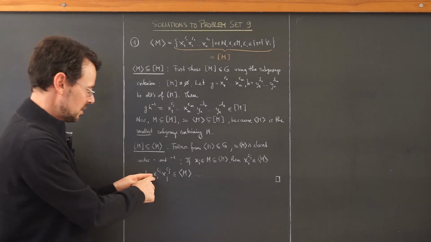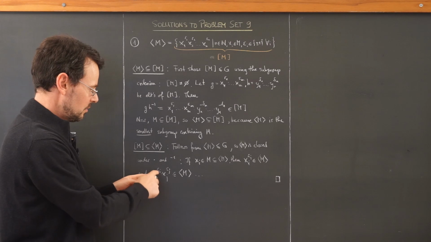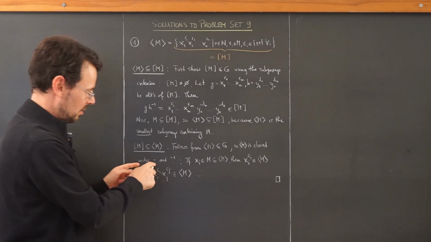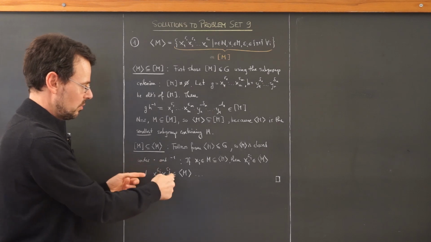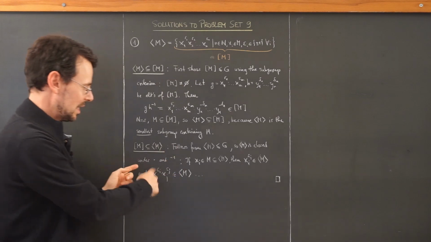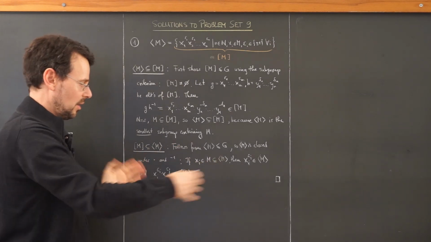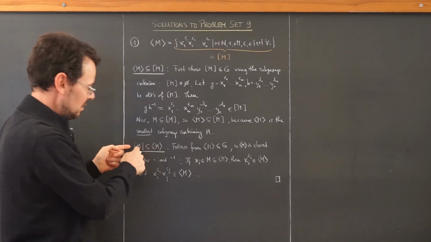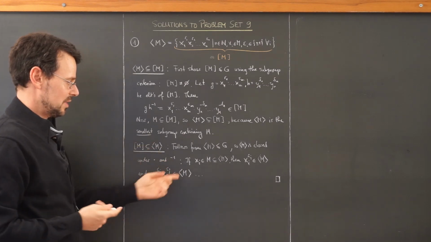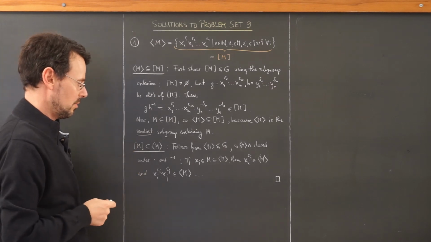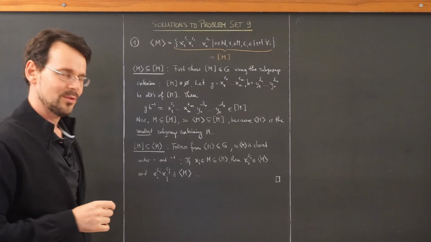And so this means this product x_i to the epsilon_i times x_j to the epsilon_j, again by being closed under products, is an element of M. So all those words which have exactly this form, if I iterate it, lie in M. And this means that this whole set is a subset of this M here, the pointy bracket M. And I think that's good enough.